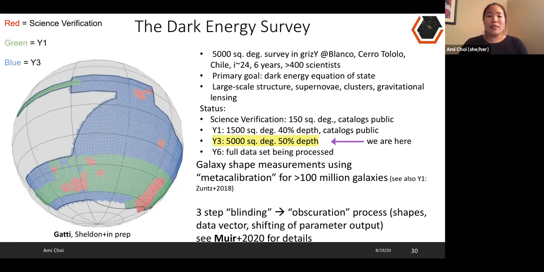Secondly, the data vector, or the 2-point correlation functions, also have some sort of obscuration. The process by which we apply that is described in Jesse Muir's paper, which I will refer you to for more details. Just note here that the shift does not degrade internal consistency tests. And the final aspect is that we also shift the parameter output when we make cosmology plots.